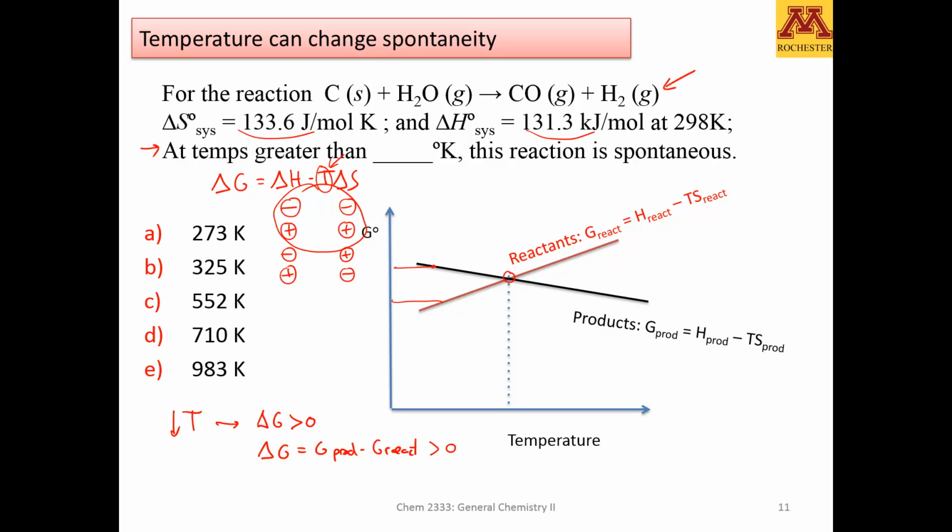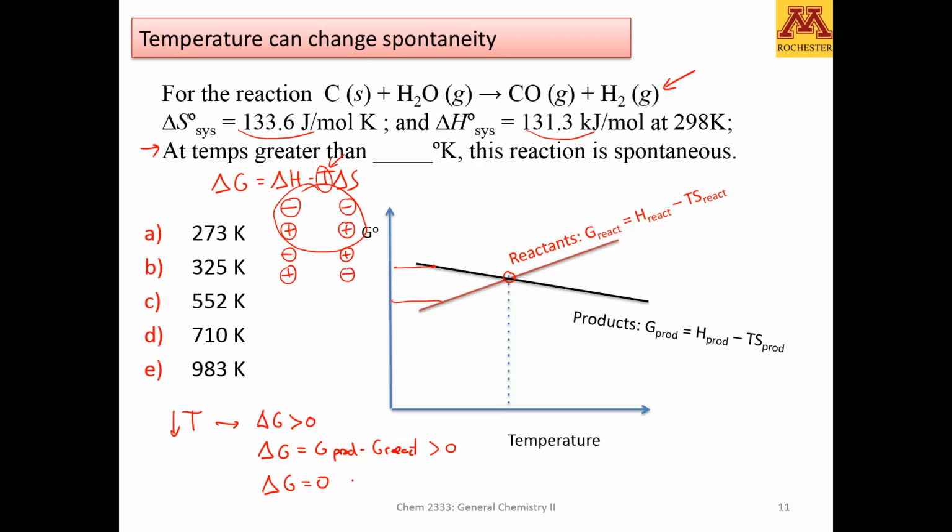How can we find that temperature? Well, at that point, delta G will be 0. And this is a very typical problem when we just need to substitute. You will see several problems like these. At what temperature will there be this change of spontaneity?